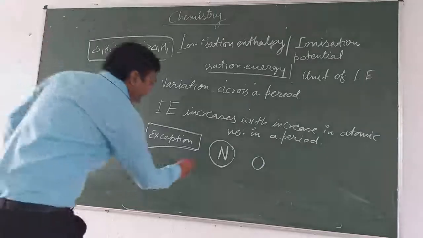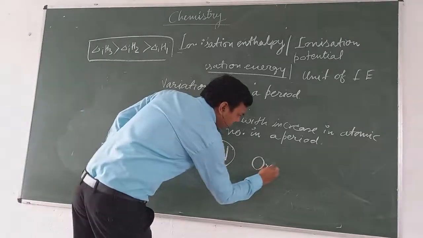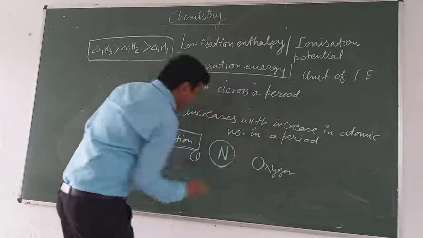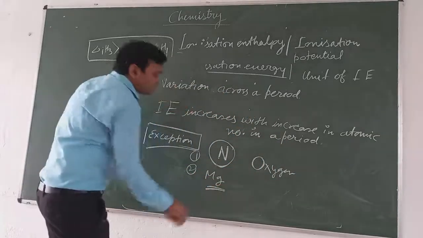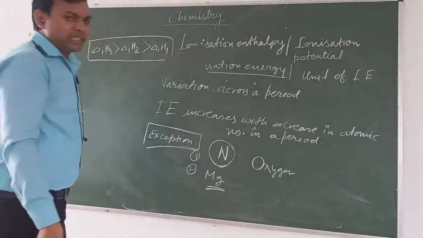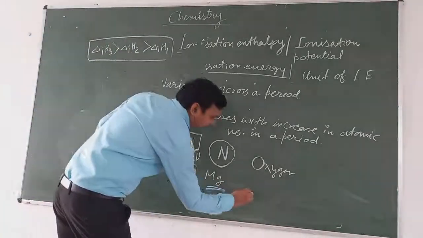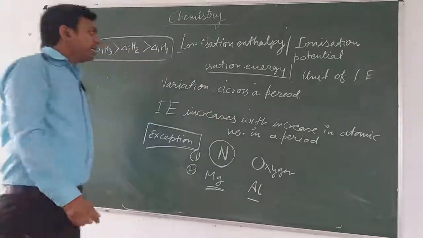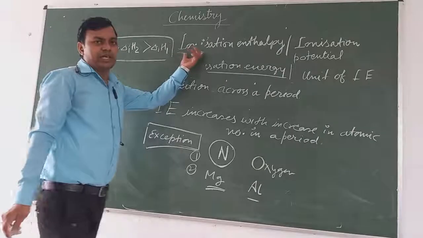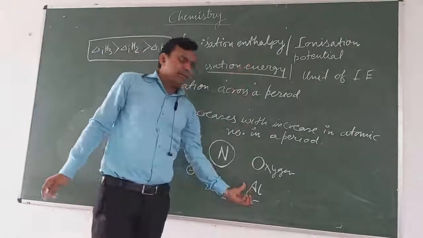Second exception: magnesium has higher ionization enthalpy compared to aluminium.